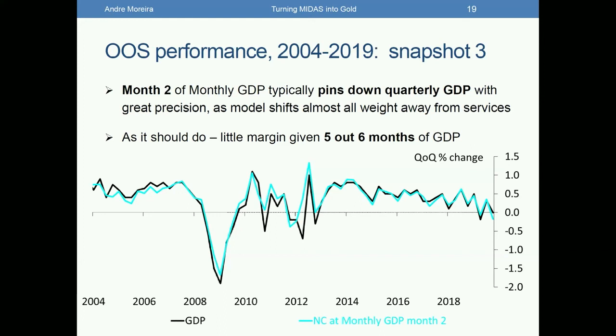You could certainly do that. One reason why it may still be helpful to have the quarterly on the left-hand side is that implicitly, the model is also forecasting revisions.